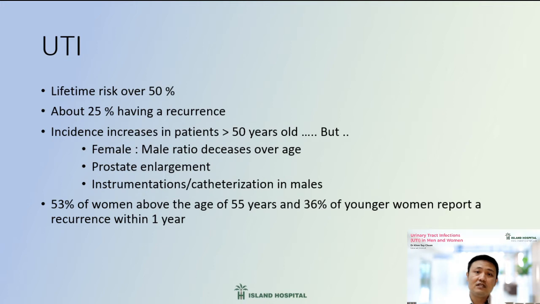The commonest one is prostatic enlargement, resulting in the need for catheterizations or other urological instrumentations or surgery. That increases the risk of urinary tract infections in men above 50 years old. But still, the female to male ratio is still higher in females. The only thing is that the ratio is going down.